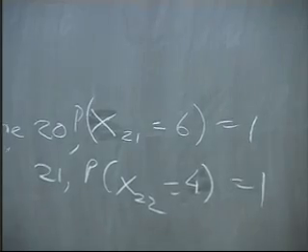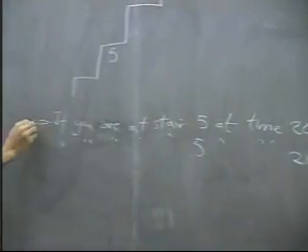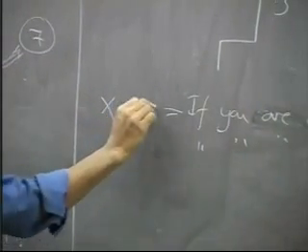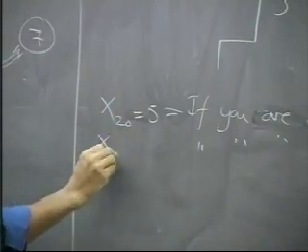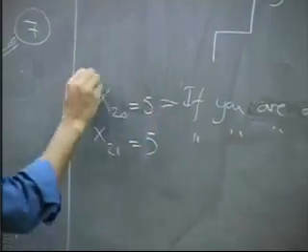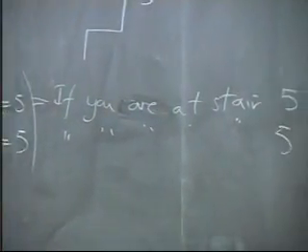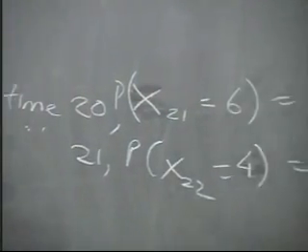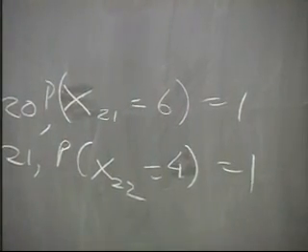Okay, so what am I saying? This is equivalent to X20 = 5, I get X21 = 5. If we have the random variable X20 take the value 5, because the trajectory says that at time step 20 you are at 5, that gives me the value here.